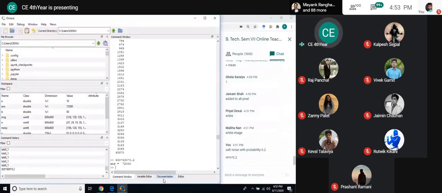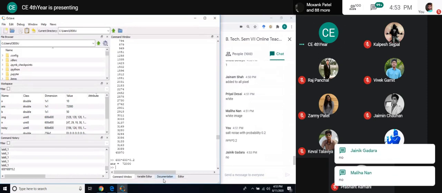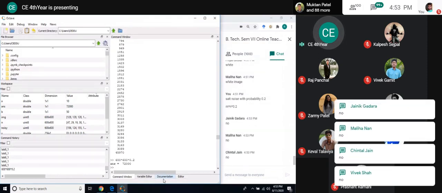That is my requirement. So whatever the input is, I want 72,000 pixels white. Should I take pixels from 1 to 72,000 as white? Should I take it like that?